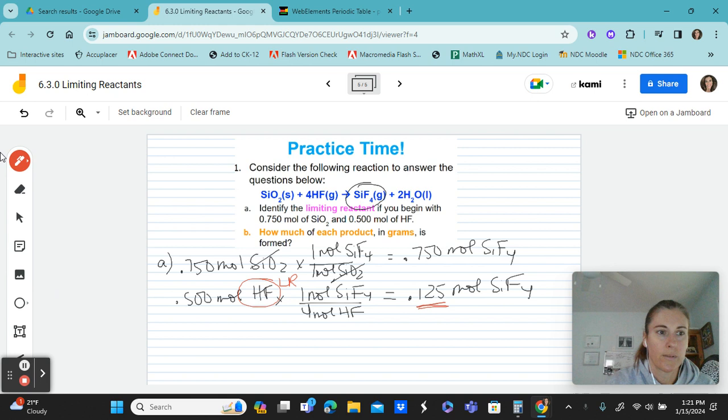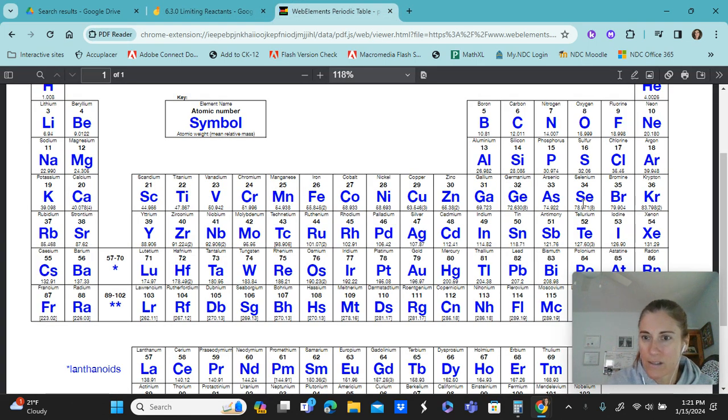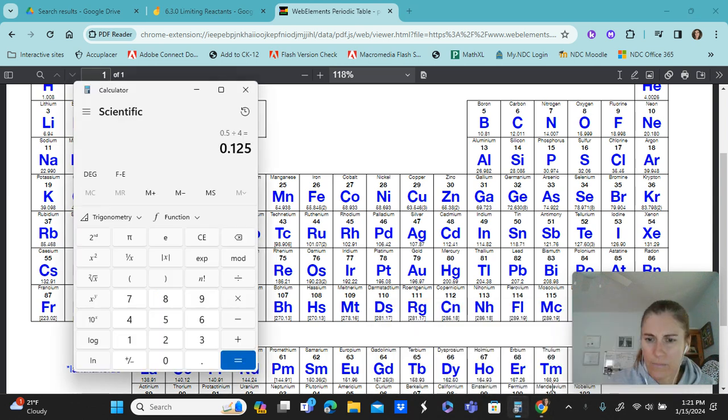Now that I know HF is my limiting reactant, I can take my 0.125 moles of SiF4, which is one of my products, and convert it to grams because they want grams this time. So silicon weighs 28.09 and fluorine weighs 19. So what is it? 28.09 plus 4 times 19.